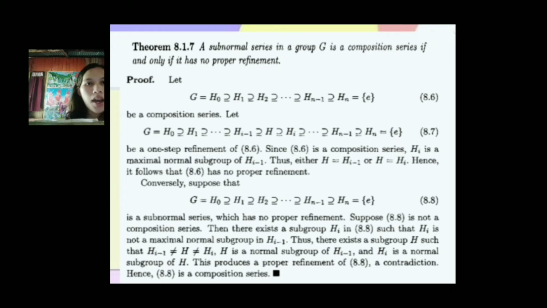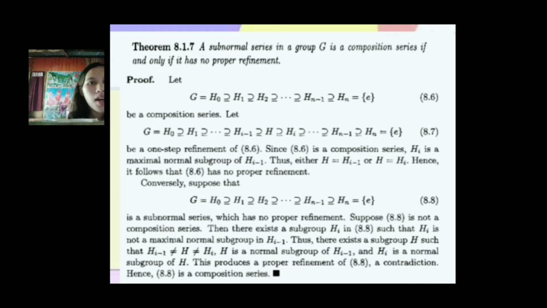8.6. Since 8.6 is a composition series, H_i is a maximal normal subgroup of H_{i-1}. Thus, either H = H_{i-1} or H = H_i.